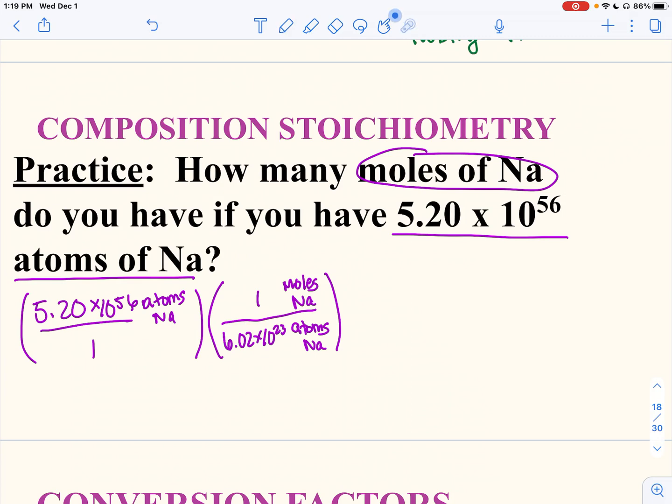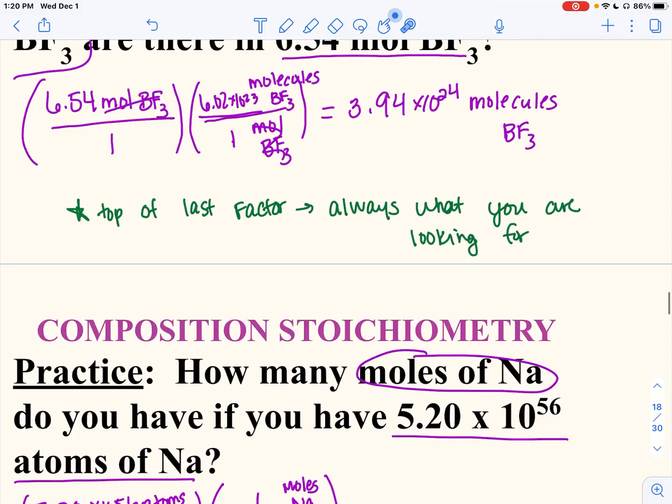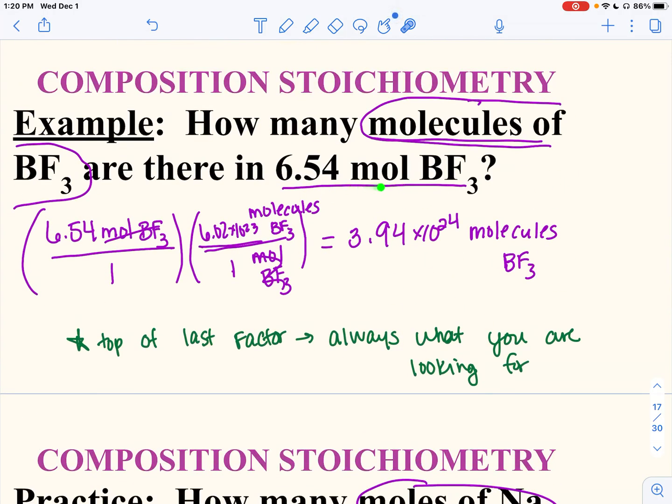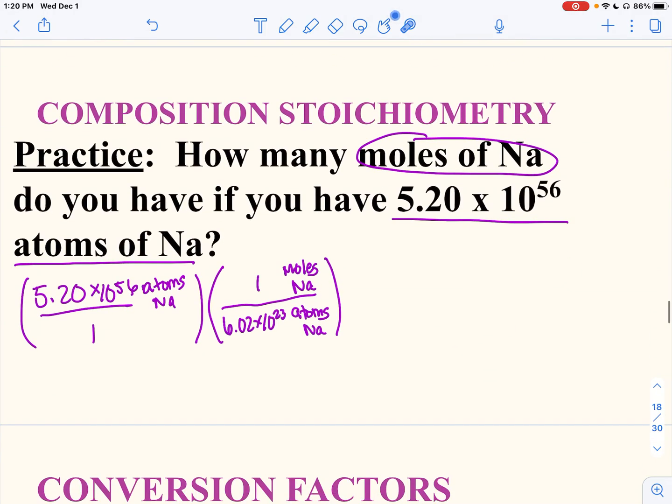And again, the reason this is different is because the units are different. It all comes from whatever your given units are. So here, our given had moles, and here our given has particles. So as soon as we put that here, then we drop that down, and everything else is dictated by those units.